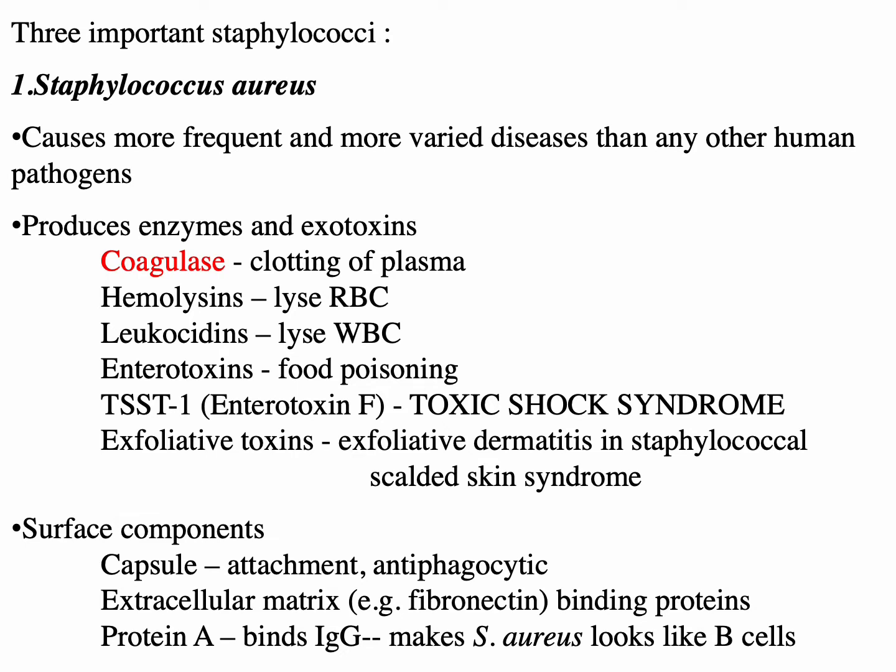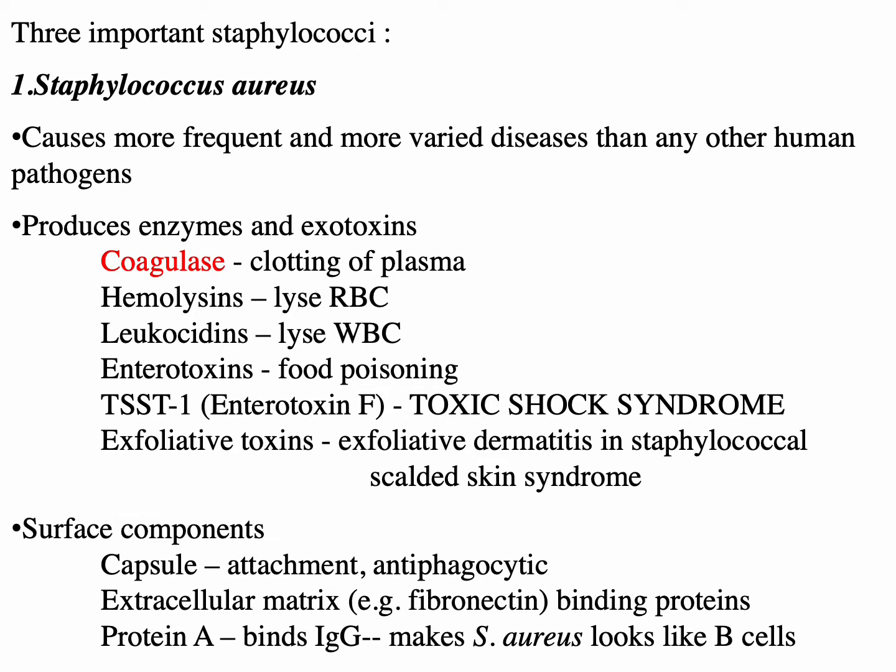Obviously, lysing white blood cells is important because they destroy the white blood cells, so they will not be able to attack them. Red blood cells contain a lot of nutrients like iron in the hemoglobin, so they use that as a nutrient, because iron is an essential element that makes up your electron transport chain and other electron carriers.